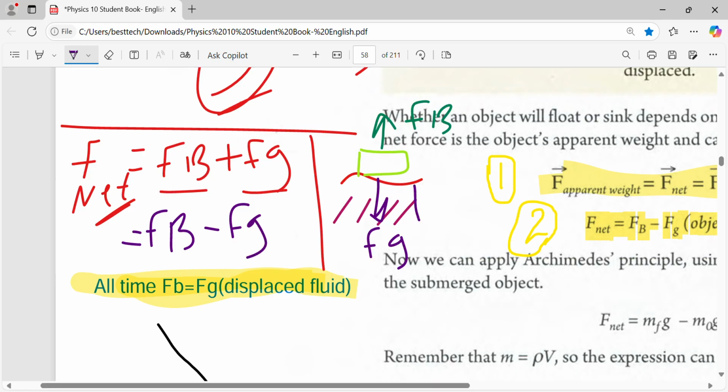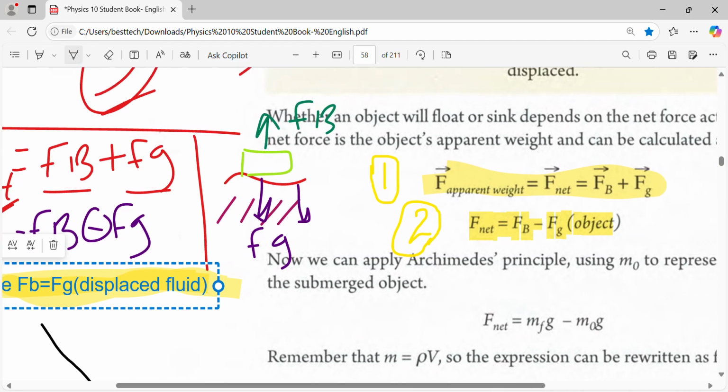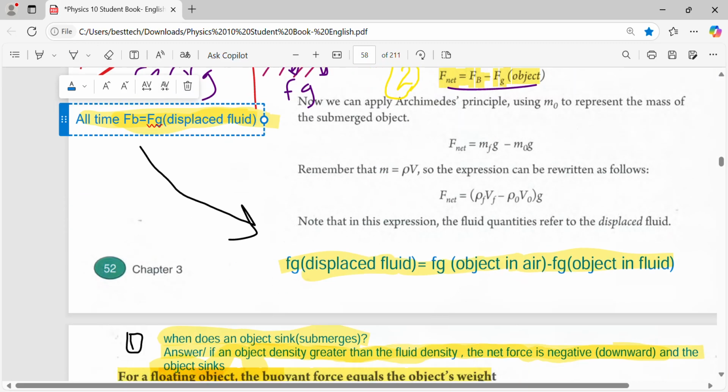Because the direction of Fg is downward. That's why the positive becomes a negative Fg, because the direction of Fg is always downward.